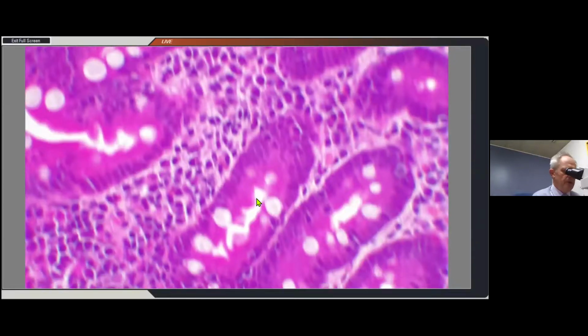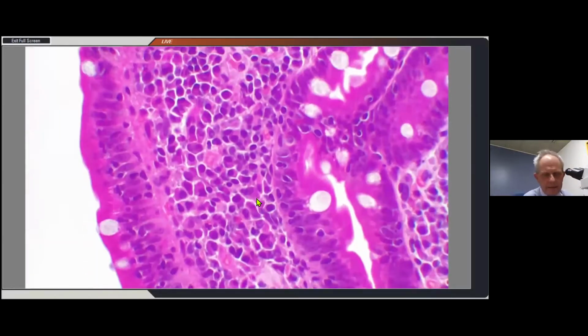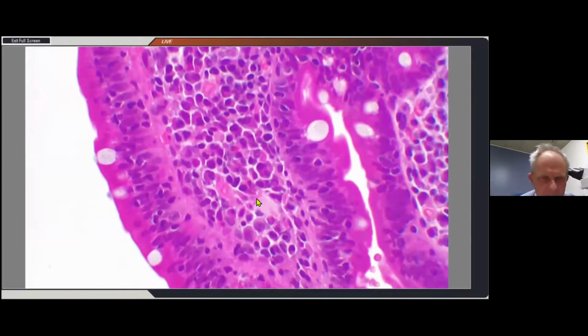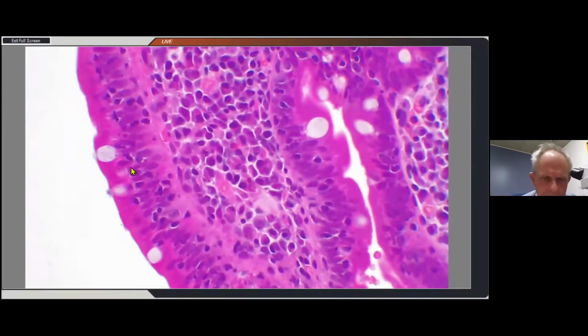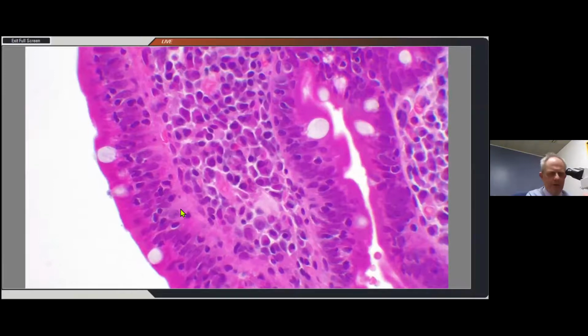But for example, there where the orientation is better, I would say that you've got at least 1 lymphocyte for every epithelial cell, because if you look there, for example, 1, 2, 3, 4, 5, 6, 7, 8 lymphocytes associated with 3 or 4 epithelial cells, enterocytes. Lots of plasma cells in the underlying lamina propria.